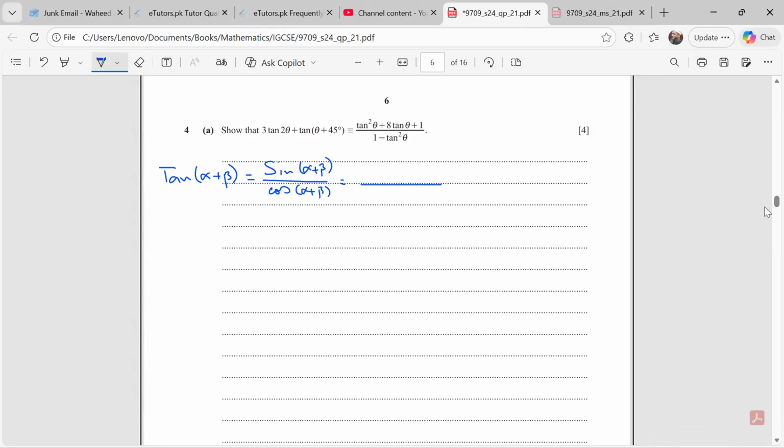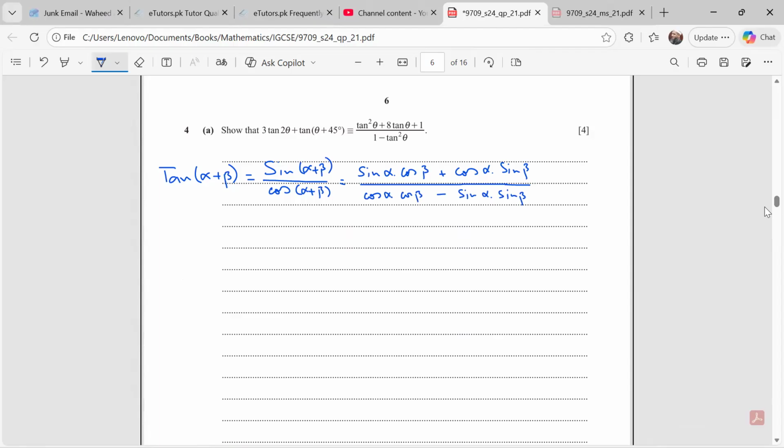So sine alpha plus beta is sine alpha cos beta plus cos alpha sine beta, and cos alpha plus beta is cos alpha cos beta minus sine alpha into sine beta.